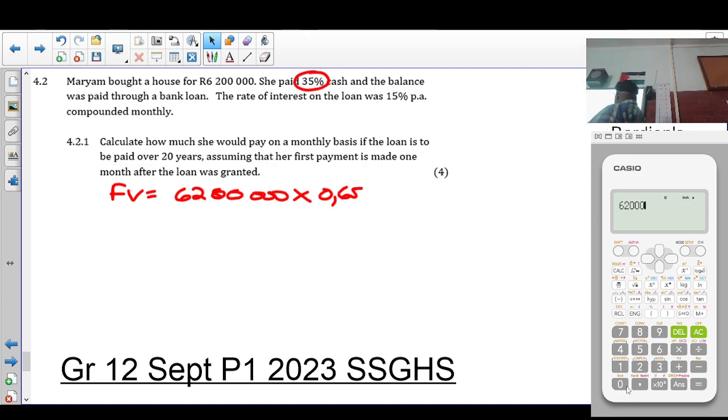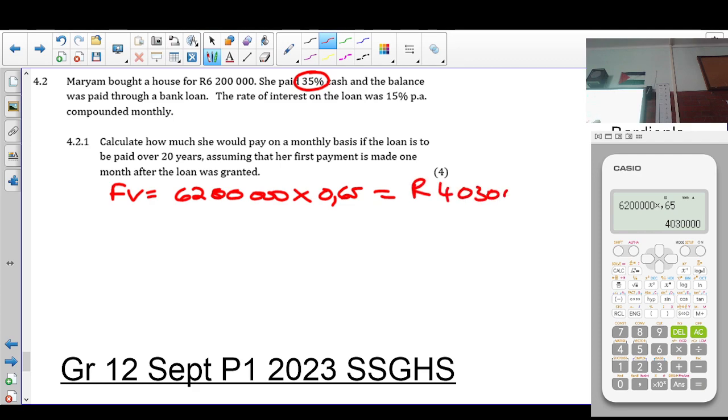So it's 6,200,000 times 0,65, which gives you 4,030,000 Rand. Okay. Not future value, but present value, because that's a loan.